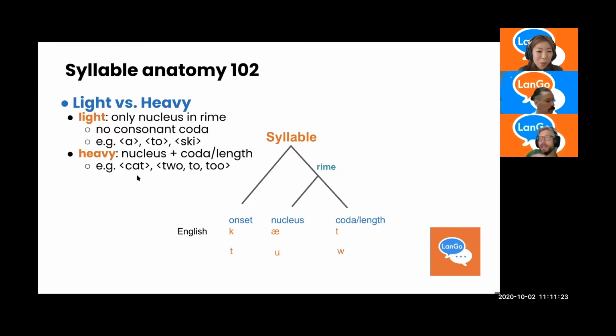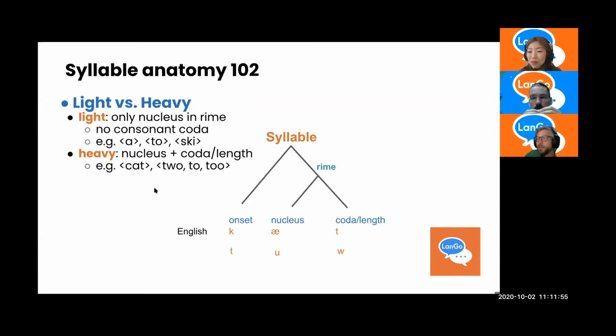Some examples of heavy syllables include our favorite example for today, which is cat, because it has a T at the end, although in my native English, it has a glottal stop at the end. But for the sake of these linguists, I will pronounce it with a T. Another example of a heavy syllable may be a different pronunciation of two, particularly the too that means also, as in I like green dogs too.